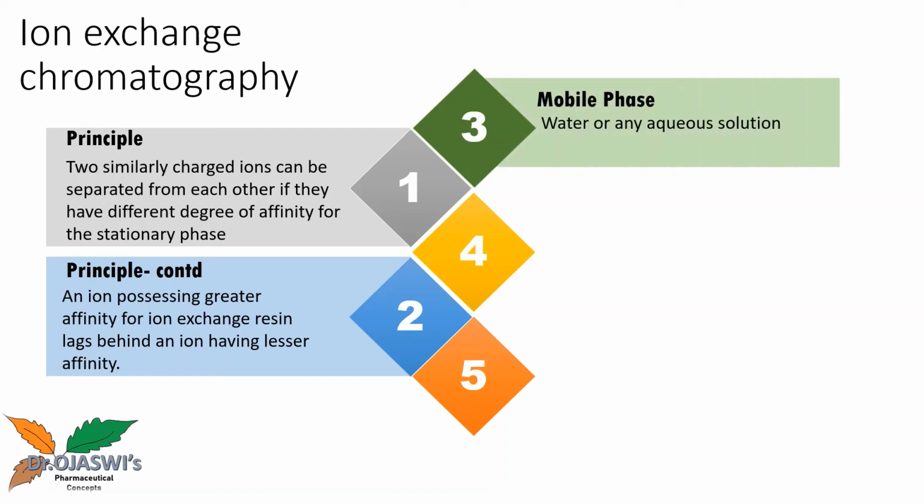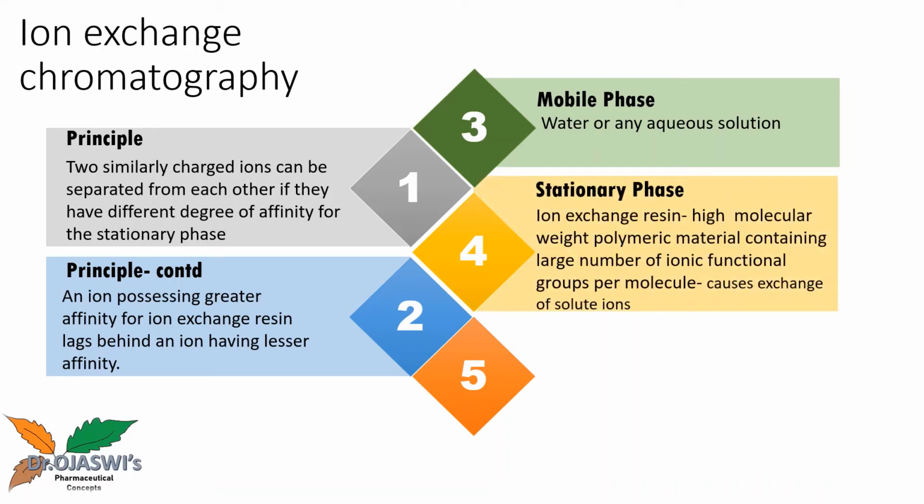For ion exchange chromatography, any aqueous solvent or water can be used as mobile phase. Ion exchange resins are used as stationary phase, which are high molecular weight polymeric materials containing a large number of ionic functional groups per molecule, which cause exchange of solute.